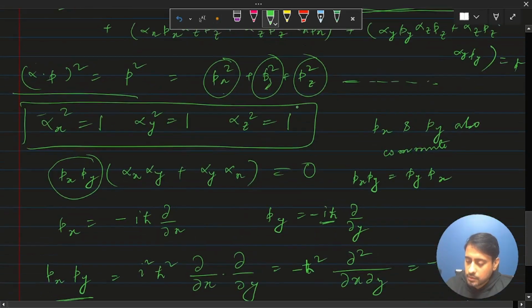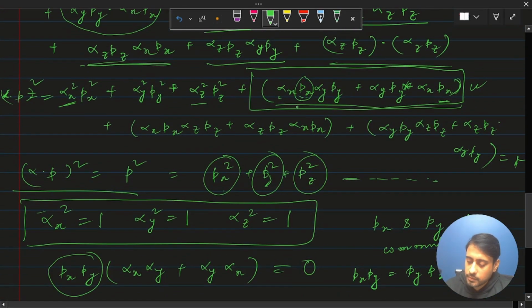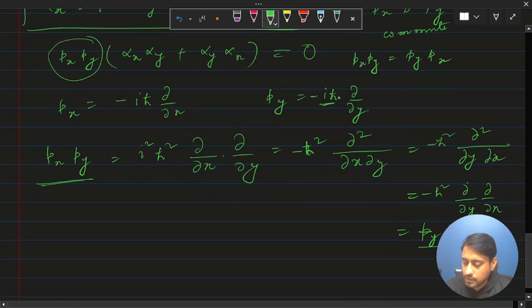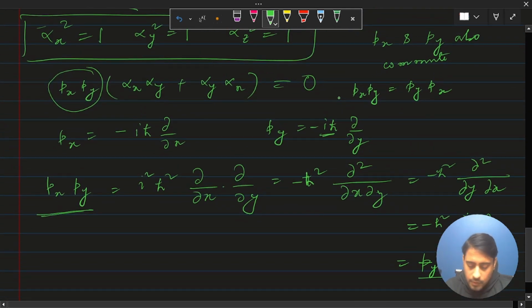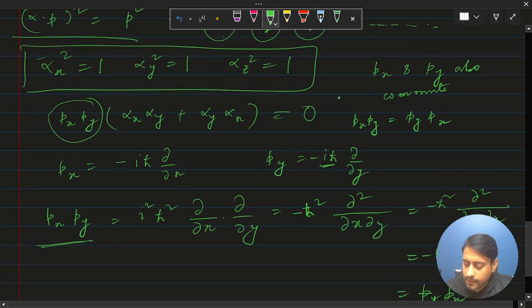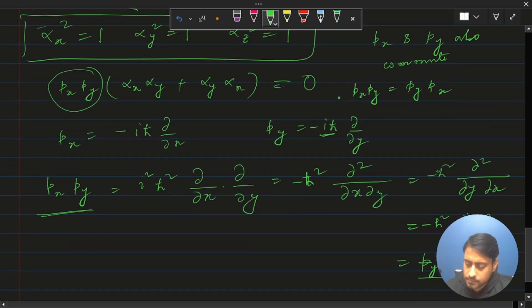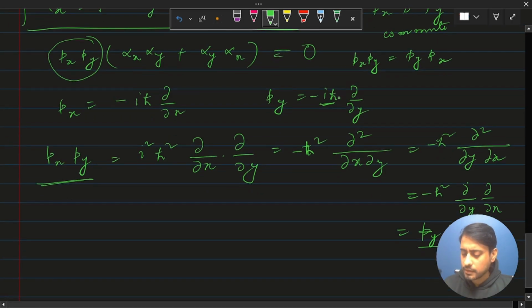Somehow the z, y and x components are normally orthogonal in sense, and the sum should be separately 0. So for now we can convince ourselves that this should be 0, because px and py cannot be 0, they can have some value.